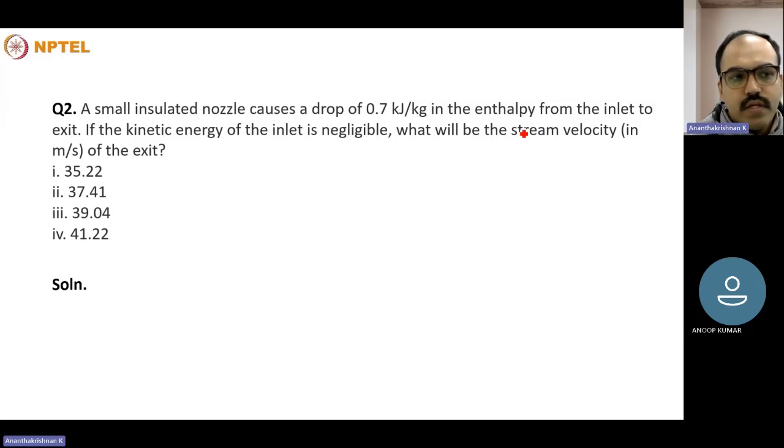Four options are given, so we need to calculate the velocity at the exit of the nozzle. Look at it. I'll also try to solve it in a minute.